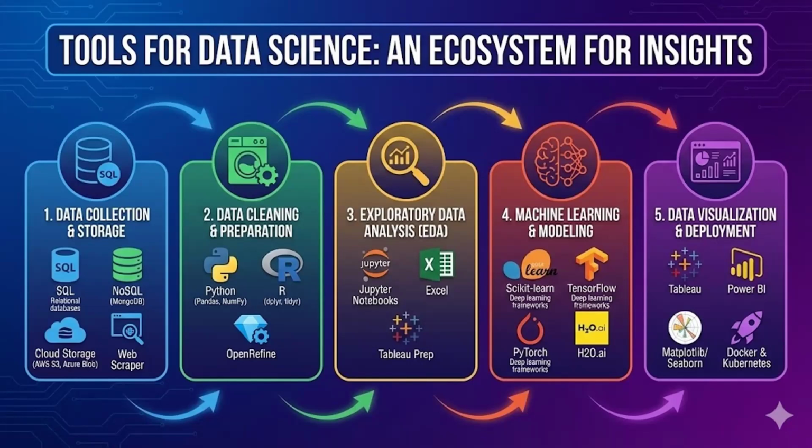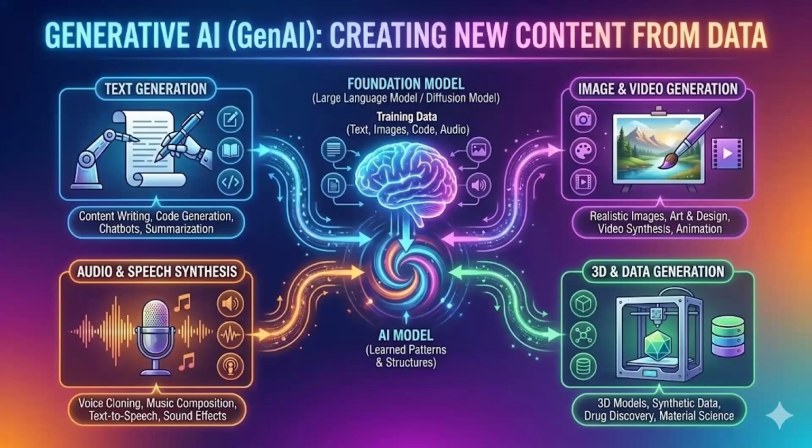So when this particular field was becoming very strong, this new generative AI also came into the picture because of highly advanced algorithms: text generation, audio generation, voice generation, and image and video generation.